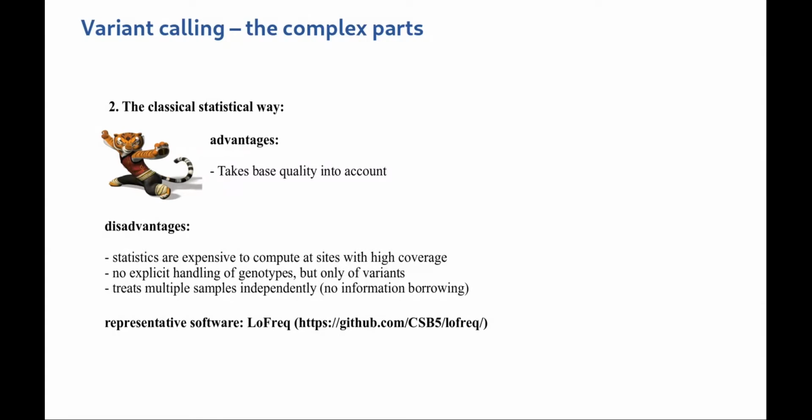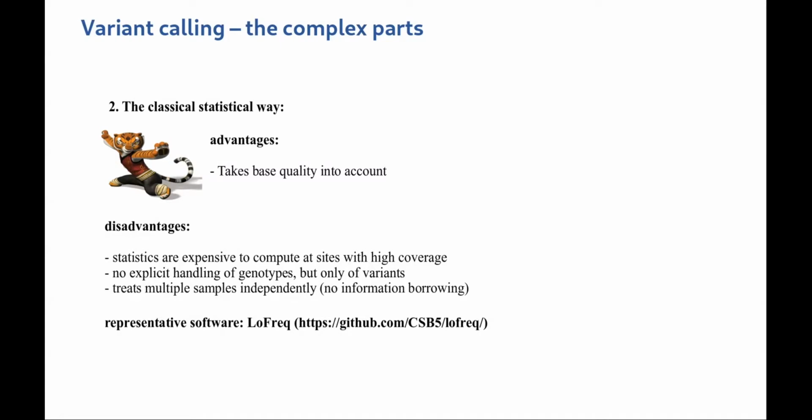These statistics are rather expensive to compute, especially at sites with high coverage. So if your coverage for some reason is very unequally distributed across your genome, and you have some sites that are really, really high coverage sites, then your software might run for a really long time on such a data set. The other drawback here is that there is no explicit handling of genotypes anywhere, but only of variants.